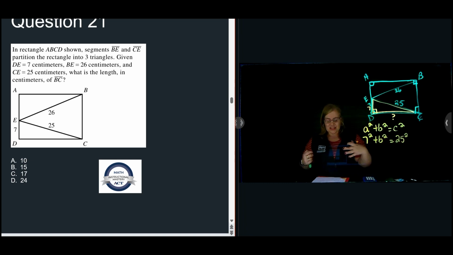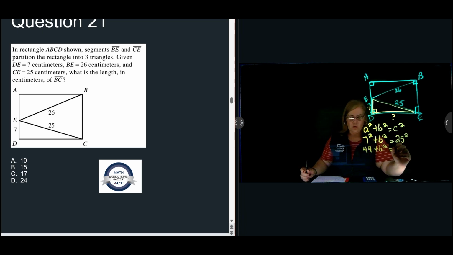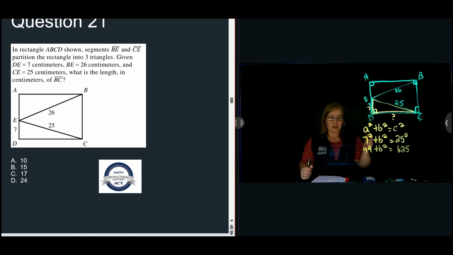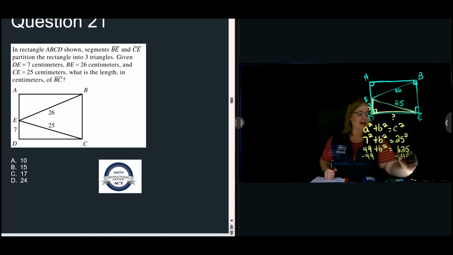Now, let's make that just a little bit prettier to work. So I have 49 plus B squared equals 625. If you need to double check your math, you do 25 in your square button, which gives me 625. Then let's try to get our variable by itself.